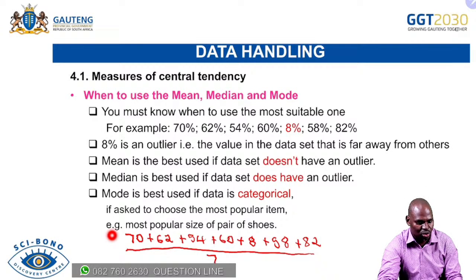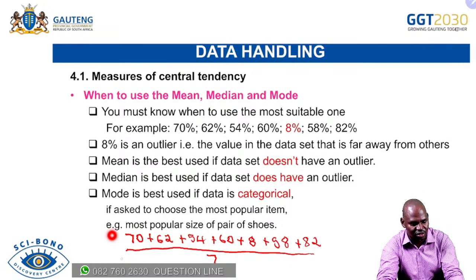If you take your calculator, it's 70 plus 62 plus 54 plus 60 plus 8 plus 58 plus 82. Then we divide by 7, we get about 56.2.